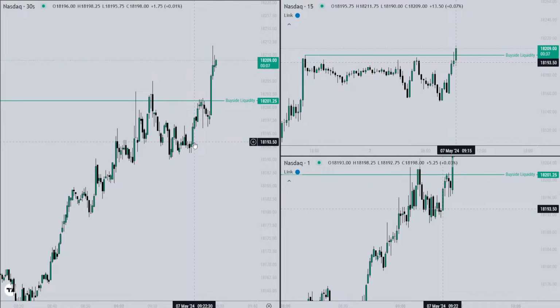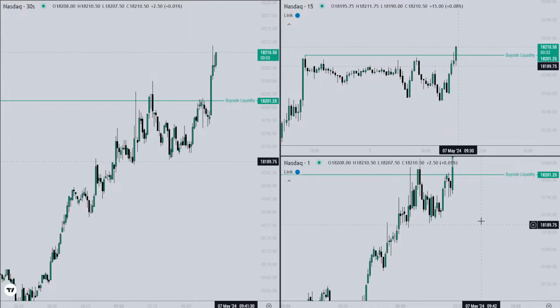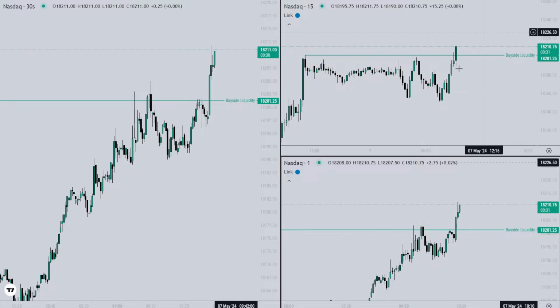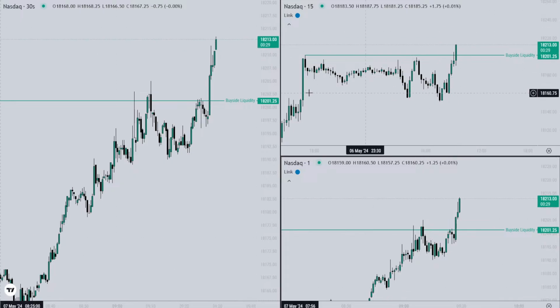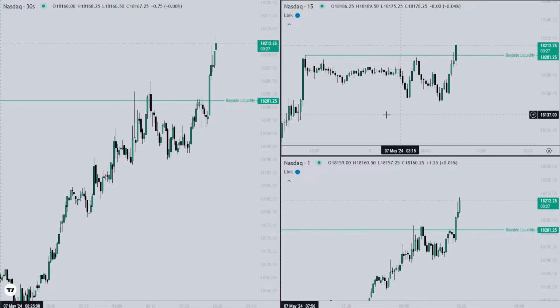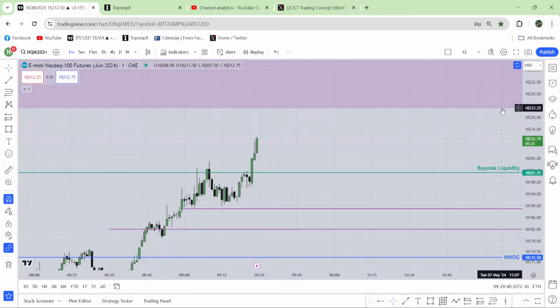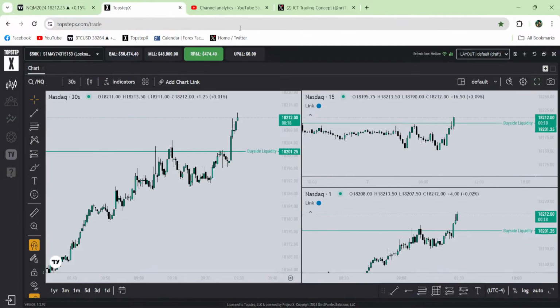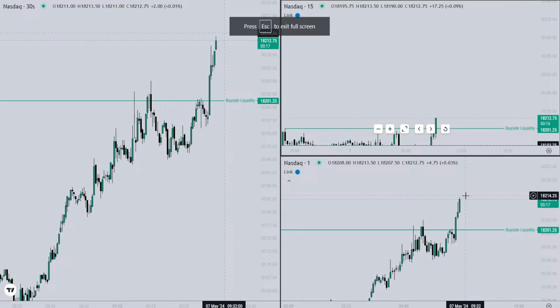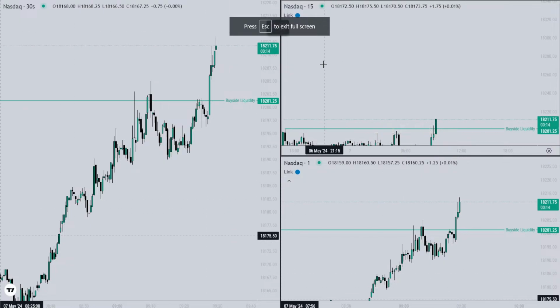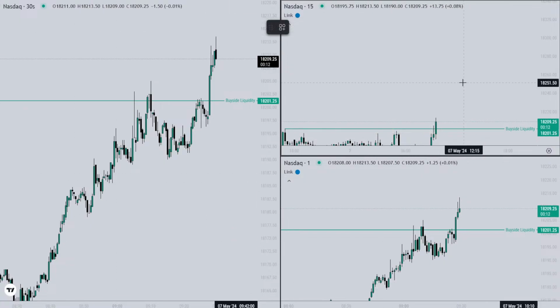That's why I'm here in the 30-second chart as well as the 1-minute chart and the 15-minute chart. Okay. Let me see where the gap is. 18223, 18223.